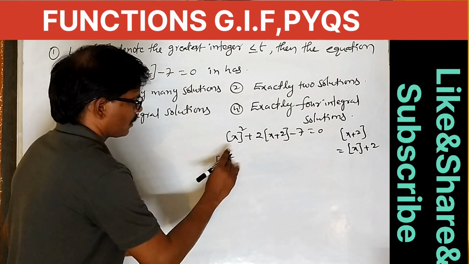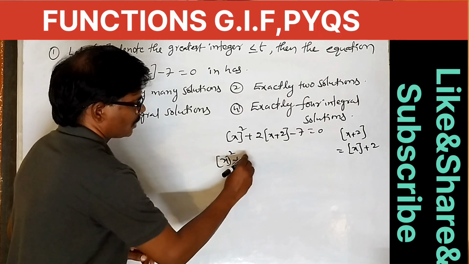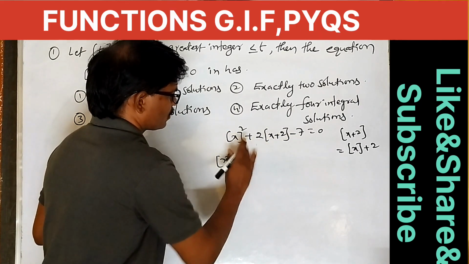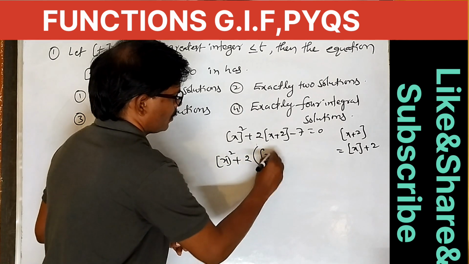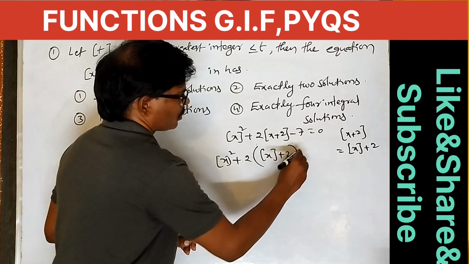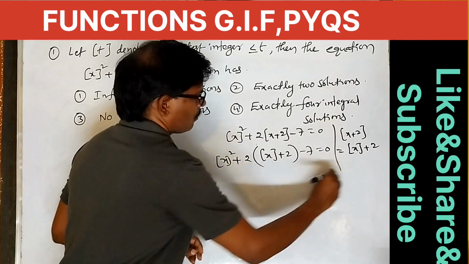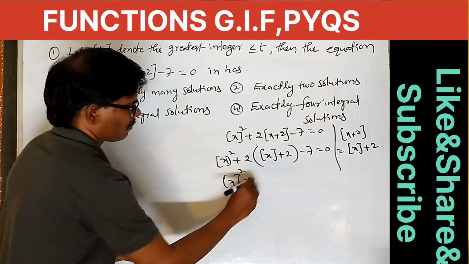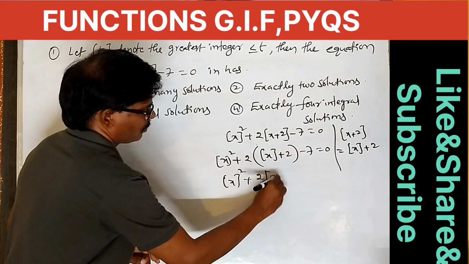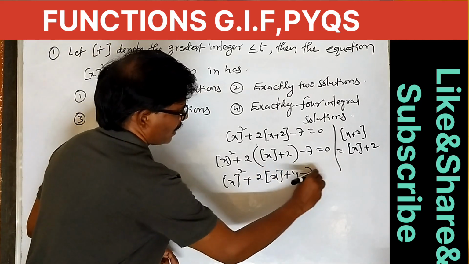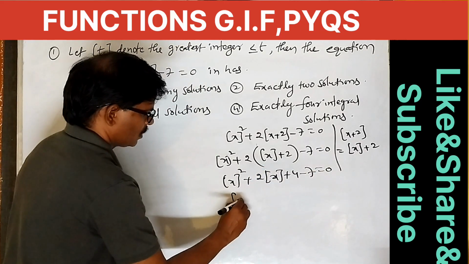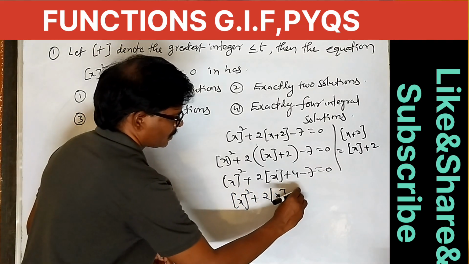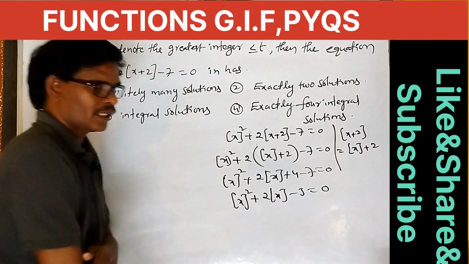Step x whole square plus 2 into, in bracket, step of x plus 2, close the bracket, minus 7 equal to 0. Here, step x whole square plus 2 into step x plus 4 minus 7 equal to 0. Step x whole square plus 2 into step x minus 3 equal to 0.